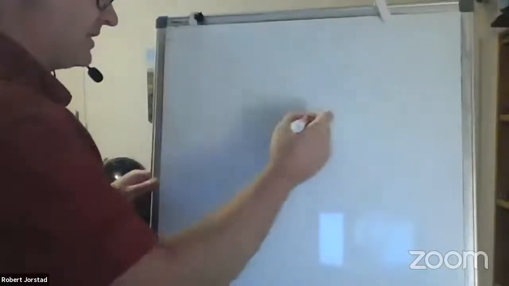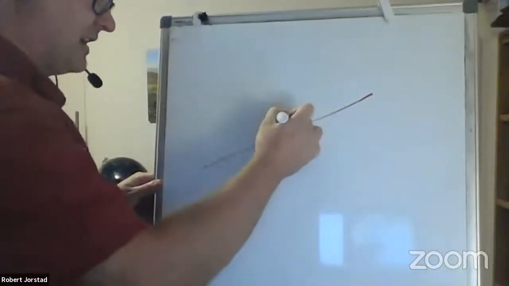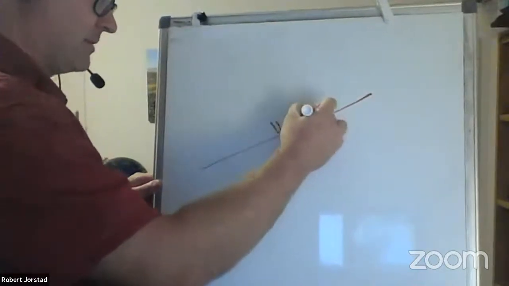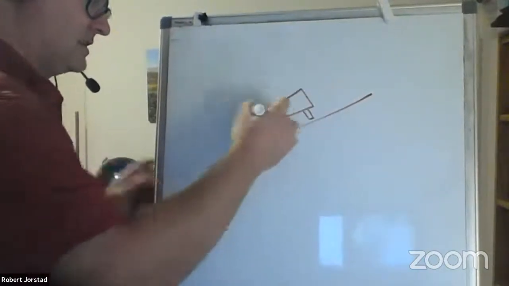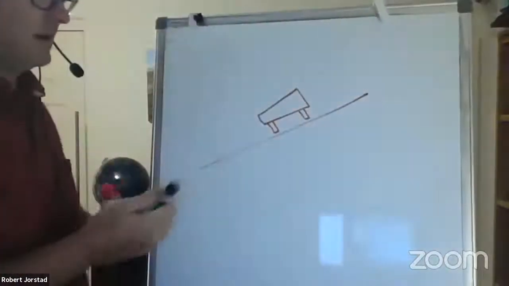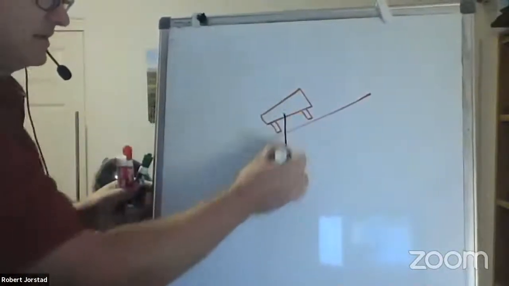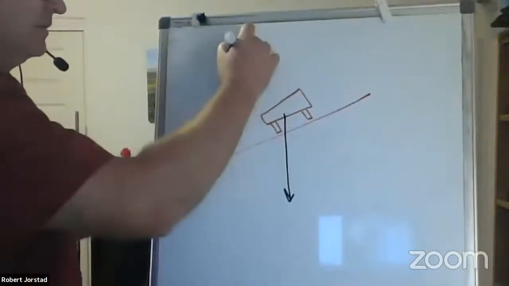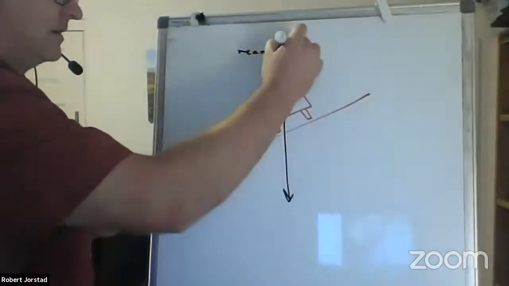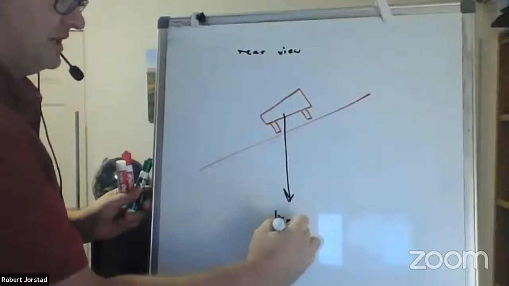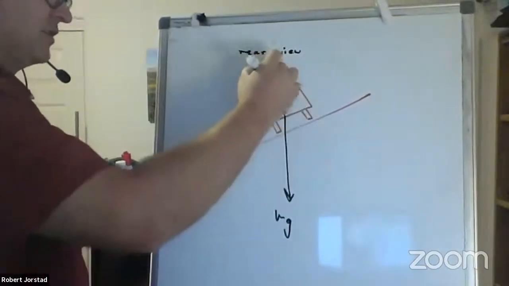This tells us a couple of things. And I think you said you got the FBD right. So I'm just going to put that up here really quick. So this is the car. Let me get some different markers here. All right. And so in this case, I'm drawing a rear view. There's mg. There's the normal force.